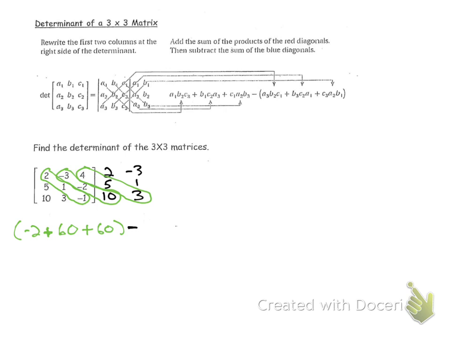Then we find the diagonals going in the other direction. 10 times 1 times 4 is 40, plus 3 times negative 2 is negative 6, times 2 is negative 12, plus negative 1 times 5 times negative 3 is 15.